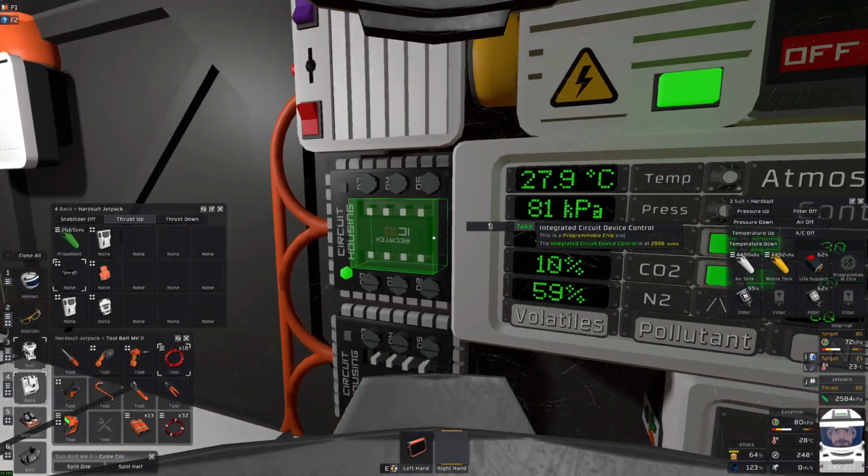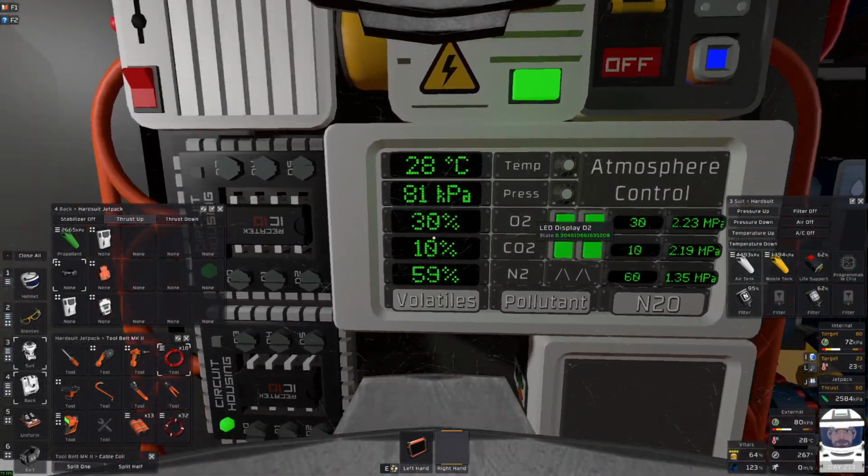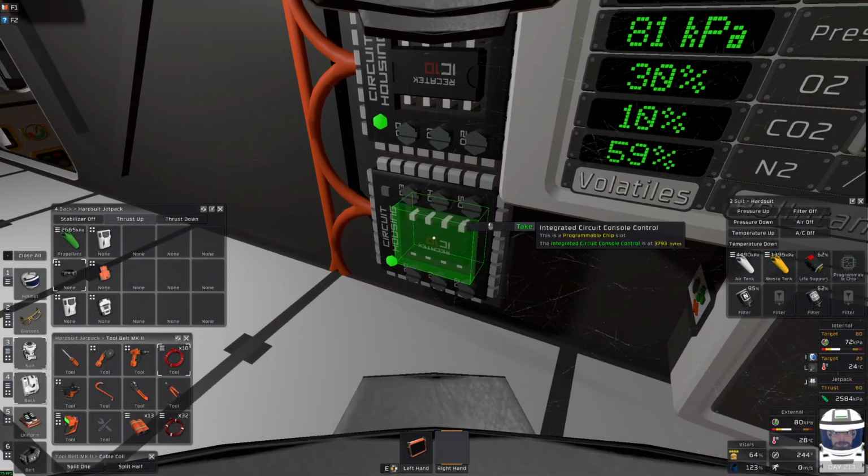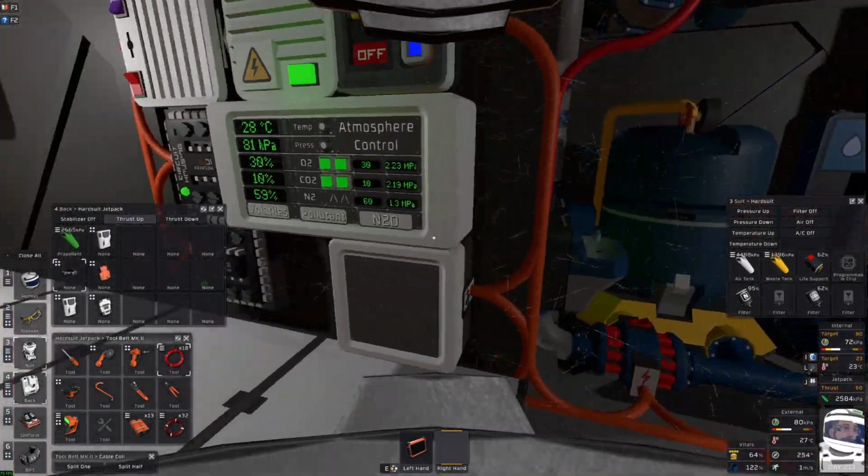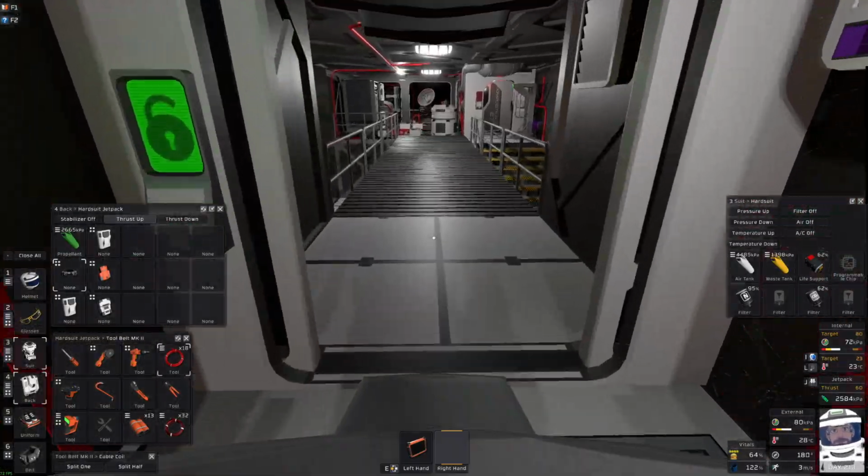Again, one of these runs the control panel, because running this is a lot of code. Then the other one runs the actual control of the system. So, going outside.